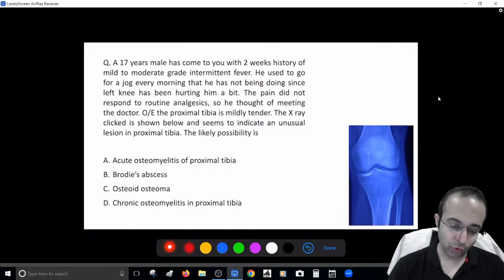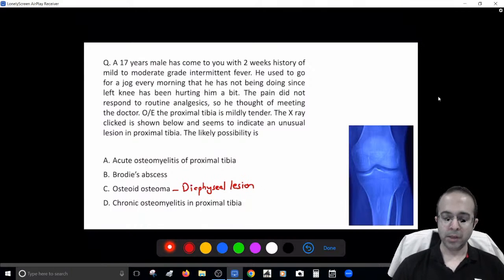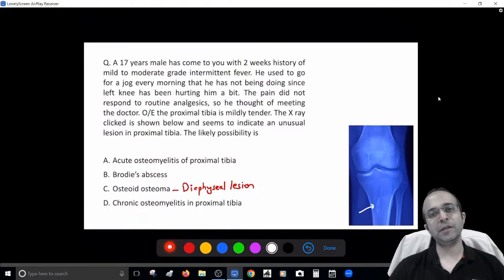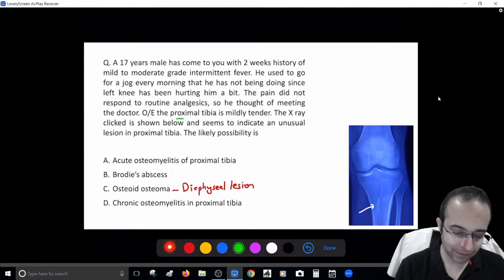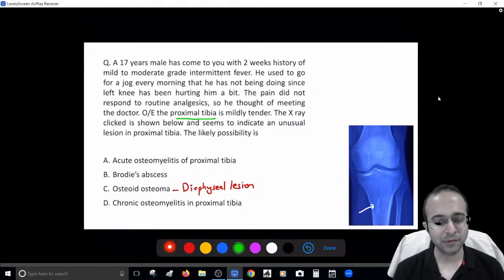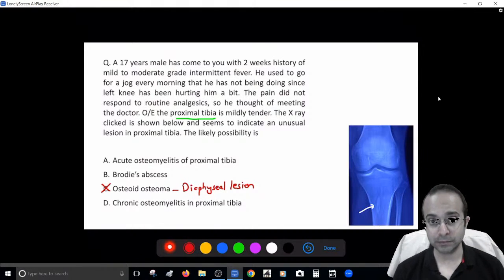Now, osteoid osteoma, I would simply say that this is a diaphyseal lesion. And what you are seeing over here is a metaphyseal lesion. It's written clearly, proximal tibia. So that means it's an epiphyseal or metaphyseal lesion. So that's what takes out osteoid osteoma straight away.